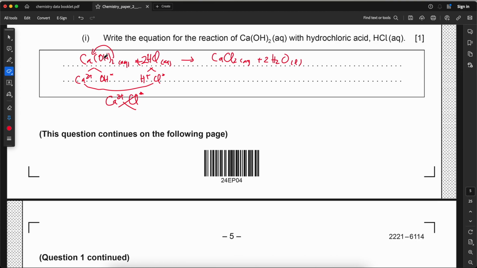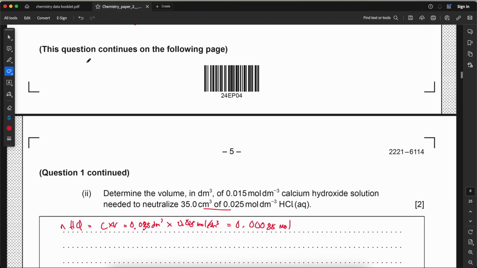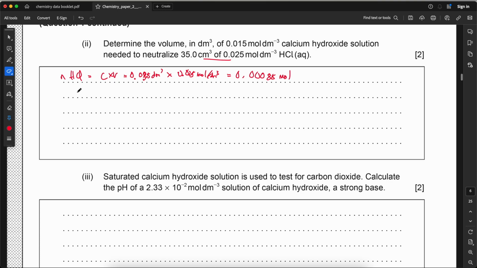Then when we look at the equation here, for Ca(OH)2 the coefficient is 1, HCl is 2. Therefore, 1/2 to calculate mole of Ca(OH)2. So n Ca(OH)2 will be half of mole of HCl, which is 0.00044 mole.